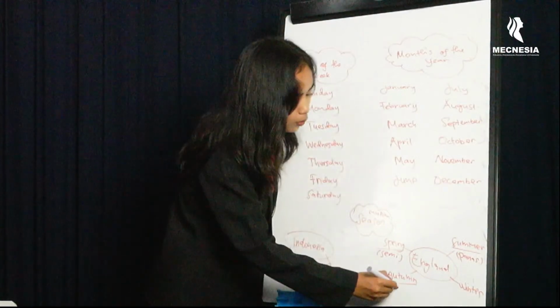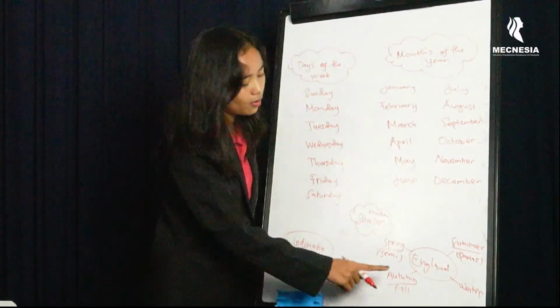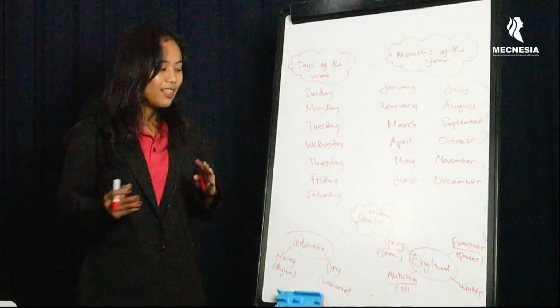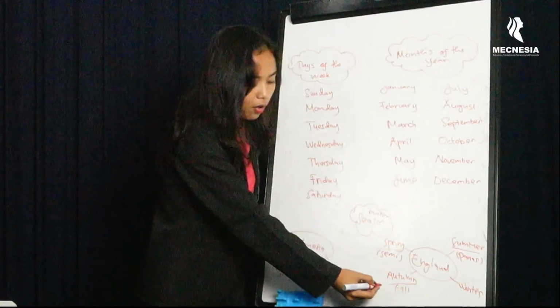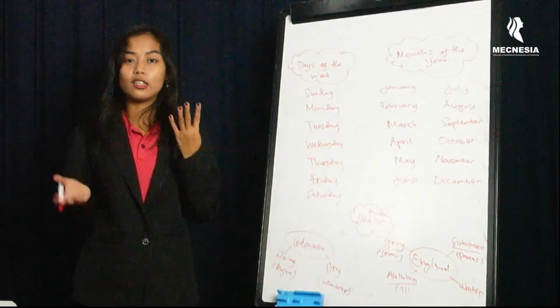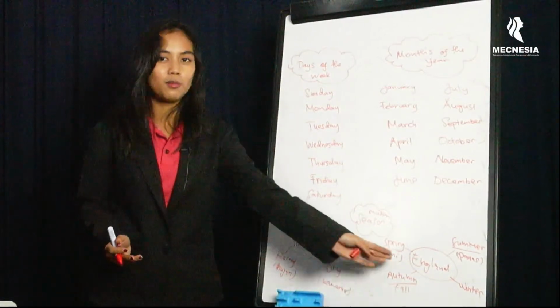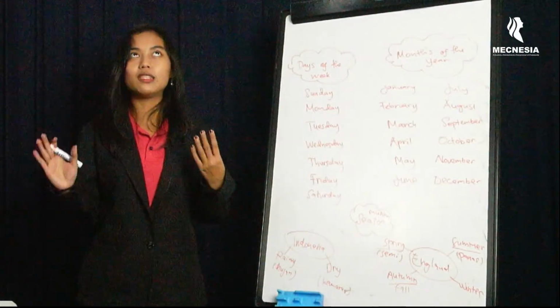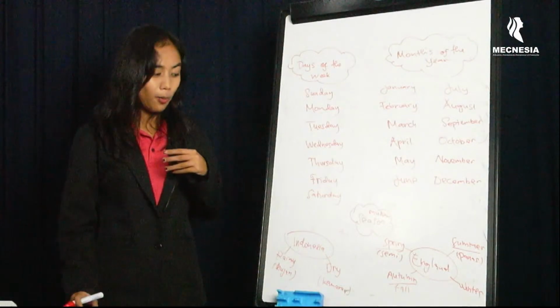Autumn juga disebut fall. Fall means jatuh. Jadi fall itu artinya jatuh. So, kenapa bisa disebut fall juga? Because when it's autumn, the leaves fall down from the tree. Jadi daun-daun jatuh dari pohon.